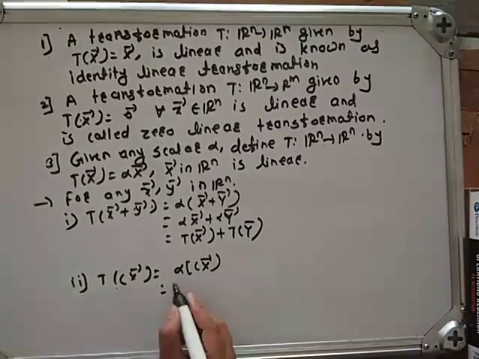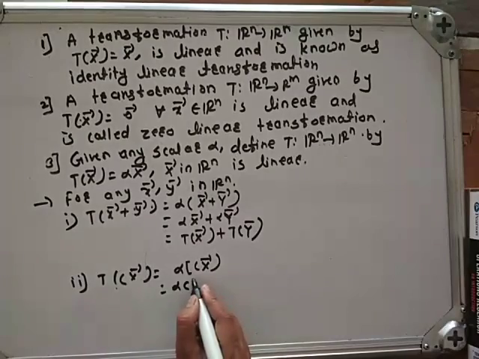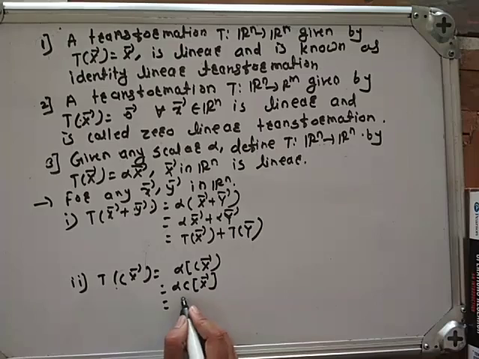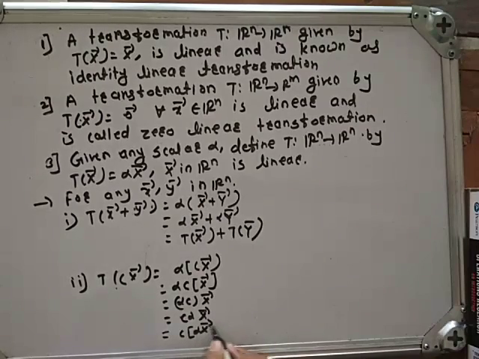But c is scalar, so this is alpha c into x bar, which is equal to c alpha into x bar, which is equal to c into alpha x bar, which is equal to c into T of x bar. So here T of x bar is equal to alpha into x bar is a linear transformation.